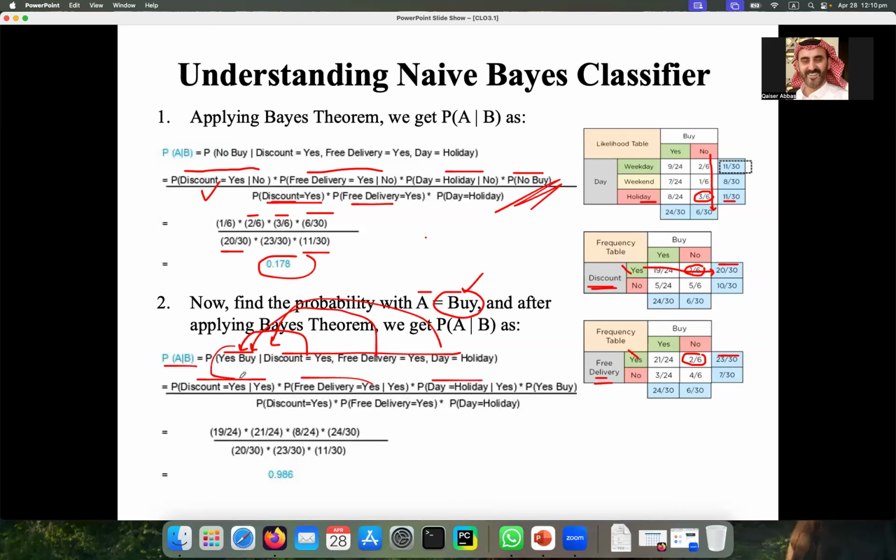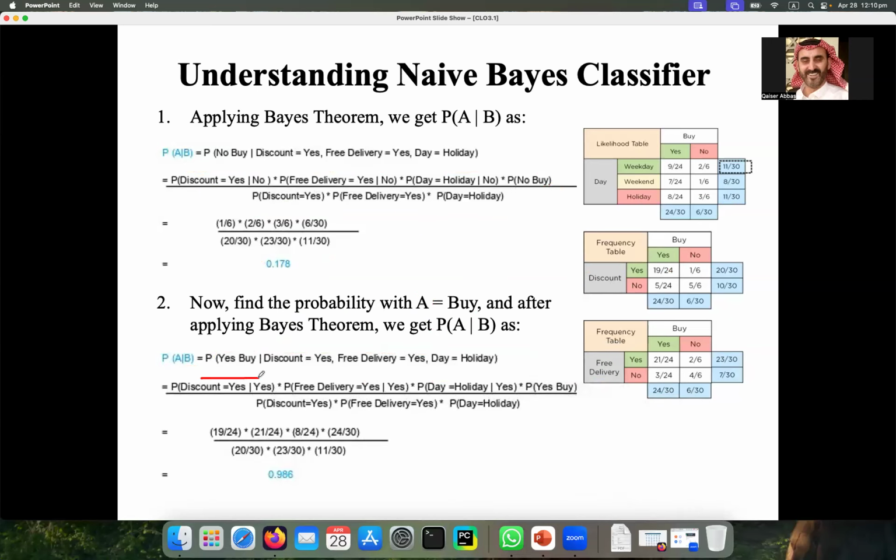And probability of A, that would be this one, and the probability of B, similar. Count it from, for example, here. Discount yes given yes. In the discount table, when discount is yes, buy is yes, what is the entry? 19 by 24.